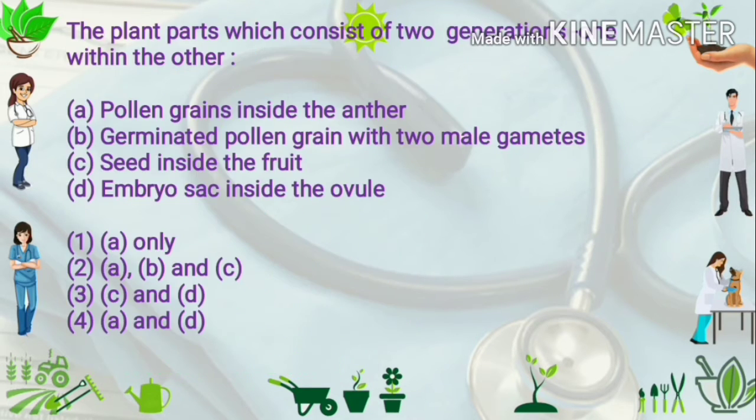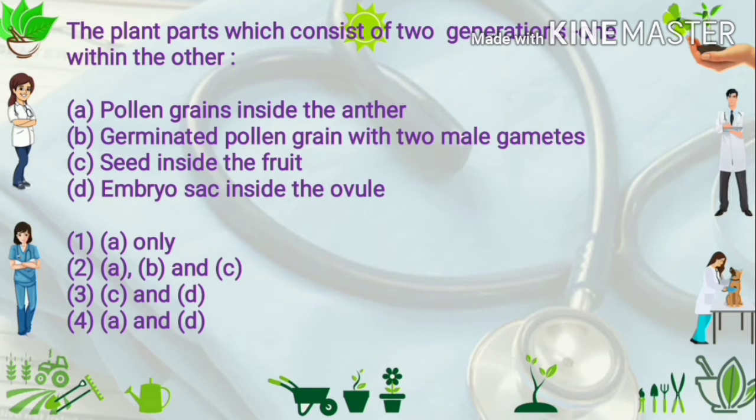Moving to the next question. The plant parts which consist of two generations, one within the other. Option A, pollen grains inside the anther. Option B, germinated pollen grain with two male gametes. Option C, seed inside the fruit. And option D, embryo sac inside the ovule.